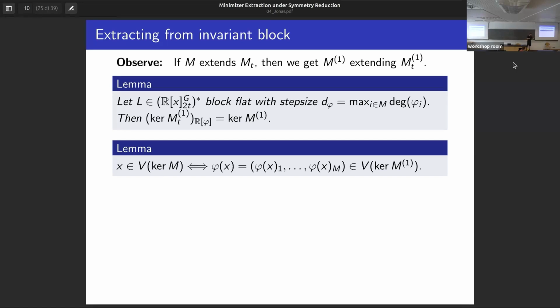And one thing that we saw earlier was if you have your truncated moment matrix, the kernel of this corresponded to the kernel of the infinite moment matrix. And this is a property we would also like to have for the invariant block.